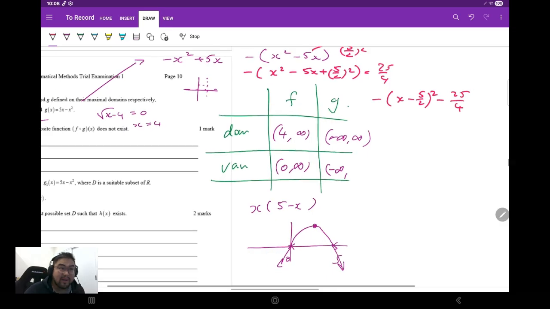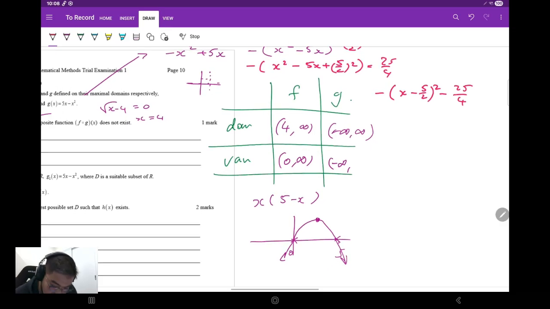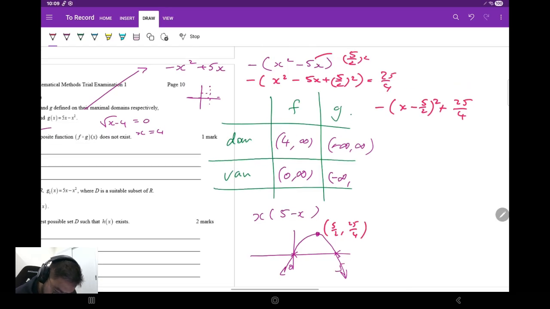So the turning point is at 5 on 2, 25 on 4. That's positive, sorry, yeah.